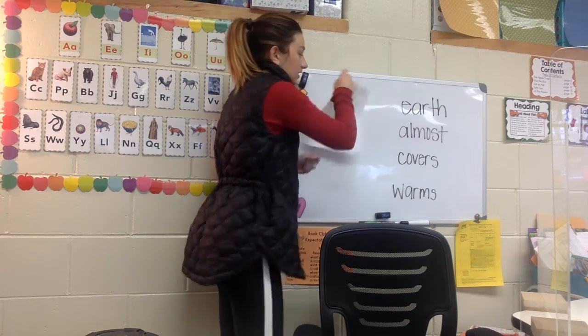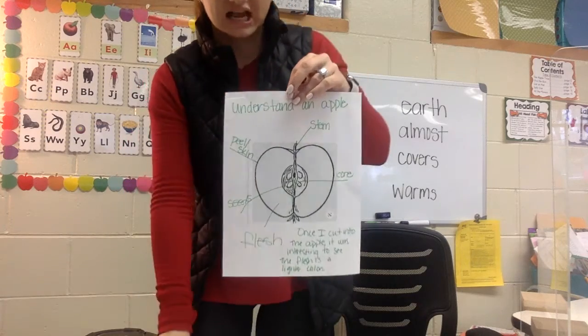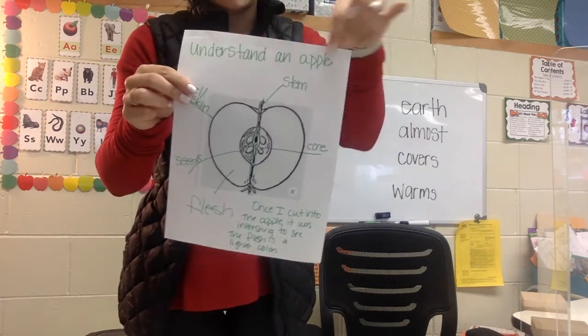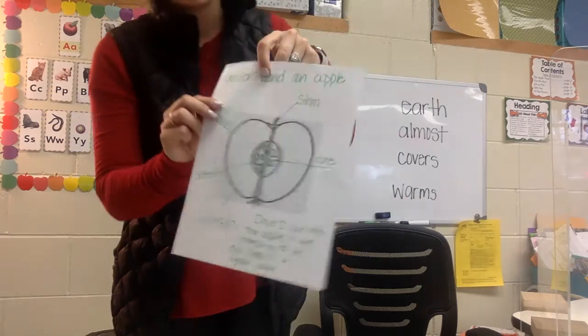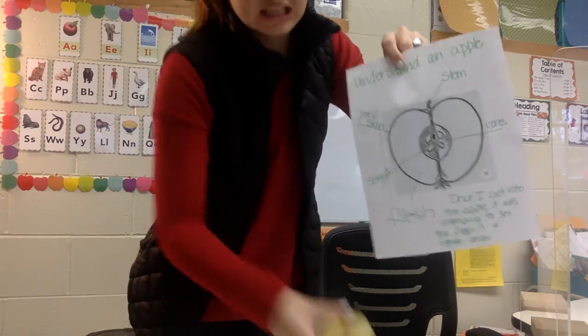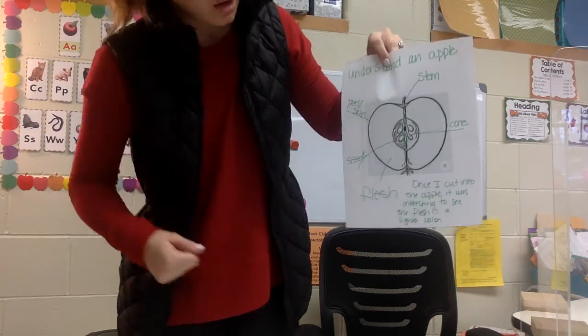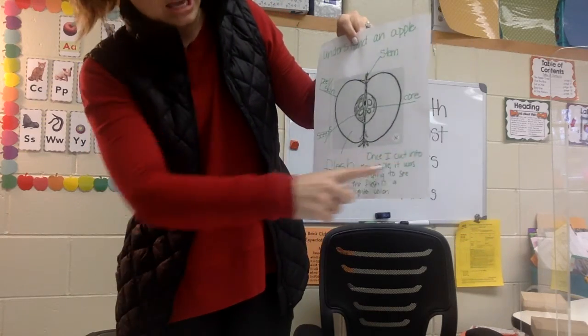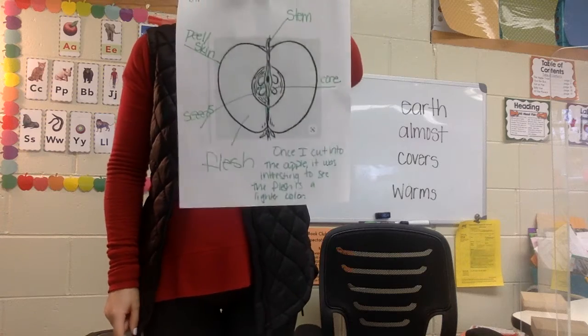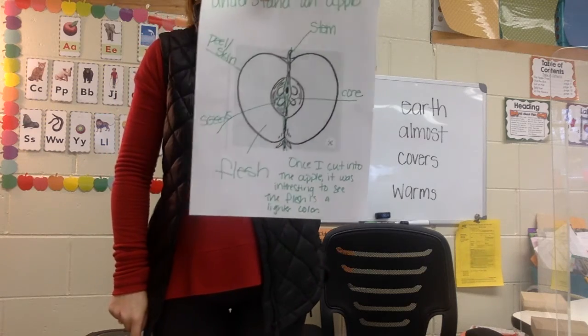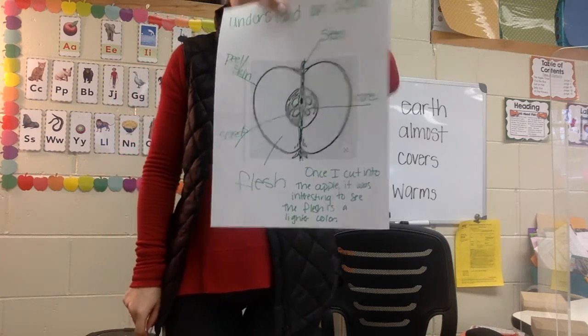So the parts of my cross-section drawing that I needed to have today were the heading at the top, Understanding an Apple, a drawing of what the inside of my apple looks like. I put labels on the different parts, and then I wrote a narrative explaining what I learned from my cross-section diagram.